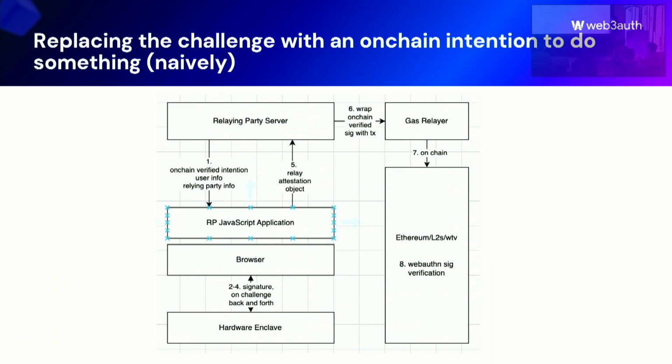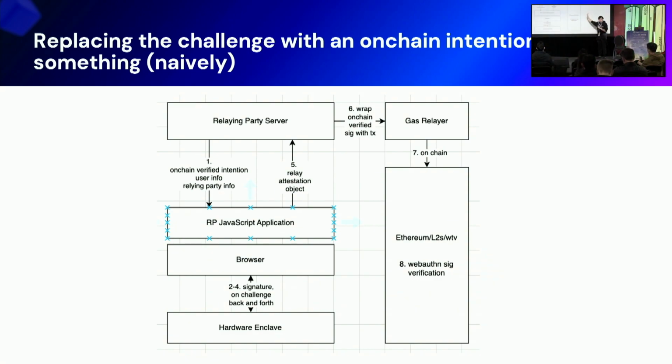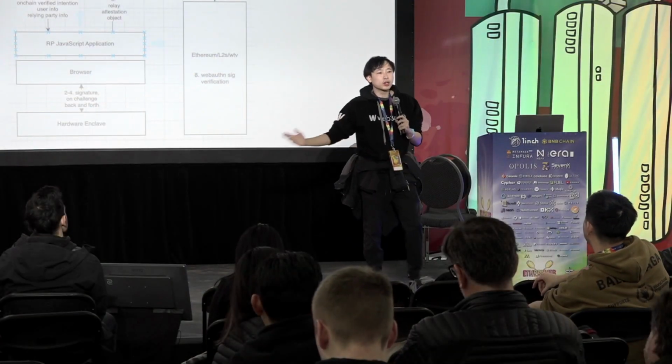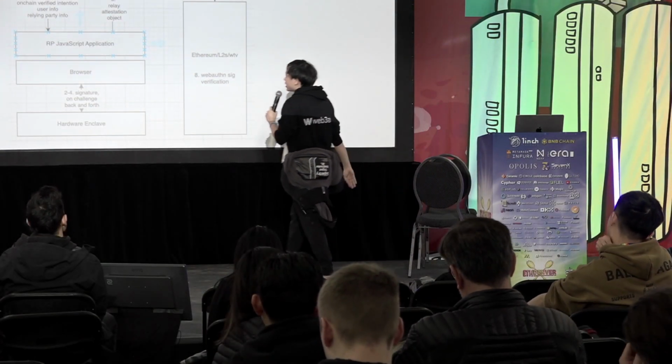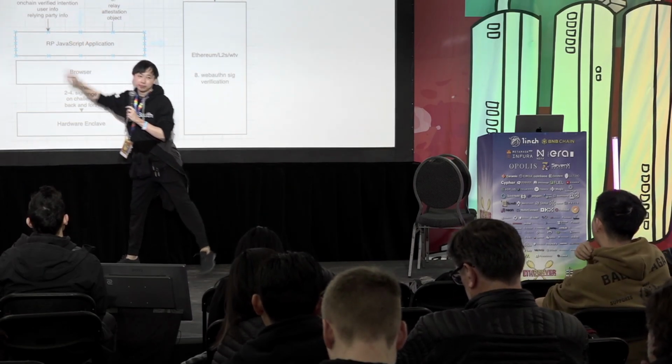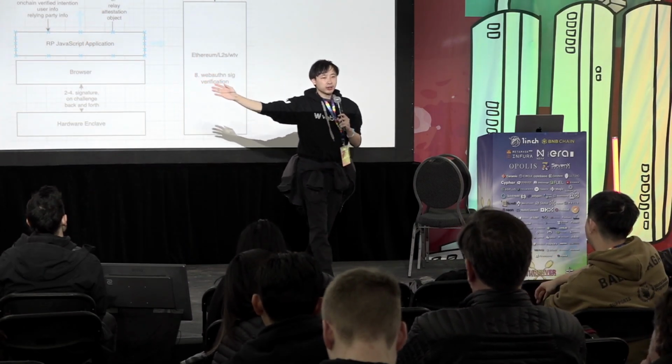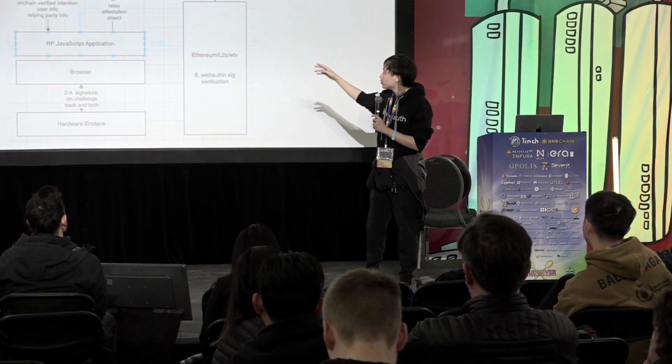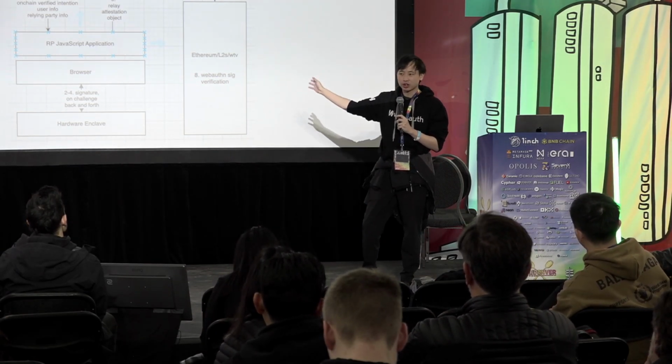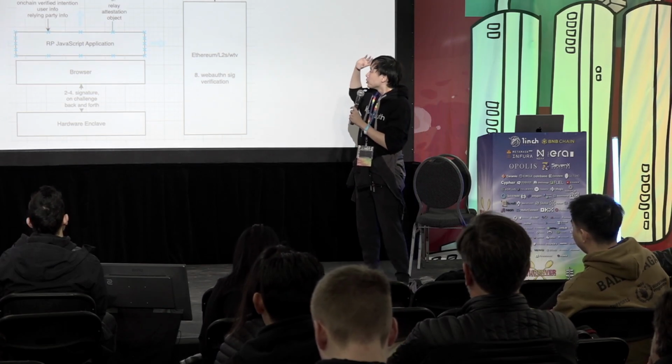So I just drew this out. This is the first implementation that somebody might typically implement. The relying party server, which is again maybe the wallet server or the wallet backend, sends a challenge. But this challenge, instead of just being a random string or something of that sort, we instead submit on-chain verified intention. So assume we have a smart contract wallet that's already deployed, that's assigned to the hardware enclave. I'm skipping registration here. I'm just talking about pure signing.